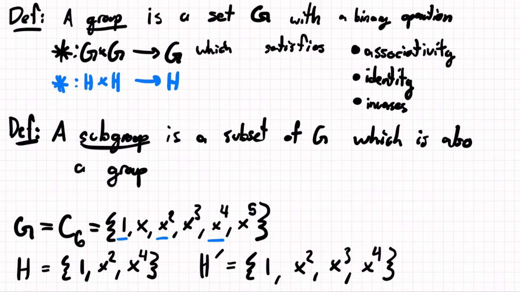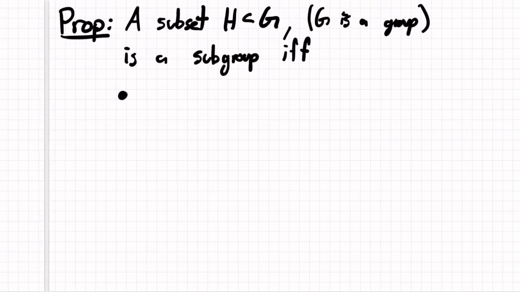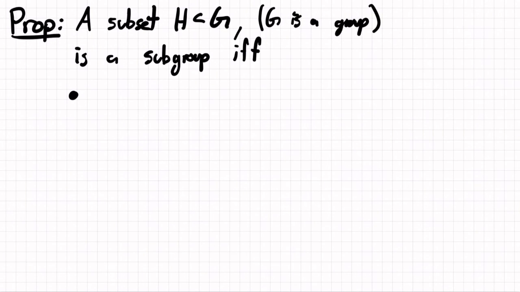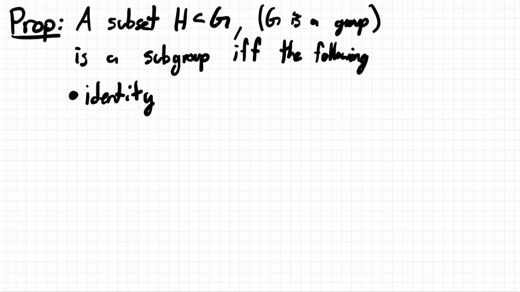So I don't really need to write associativity, because I know that since I'm using the multiplication from my big set in my little set, that's always satisfied, so I'm not even going to write that down. So I'm going to write: if and only if the following axioms hold.